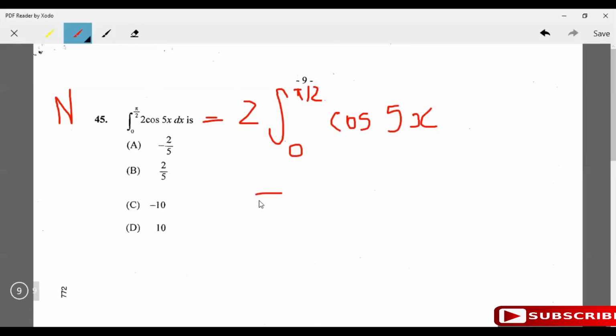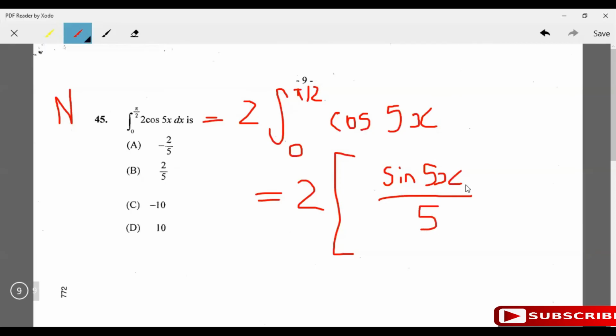So now what we're going to get is 2 times, when you integrate cosine, you get the sine of 5x, divided by 5. So it's 1/5 sine 5x. Now we're going from 0 to pi by 2, so we plug in pi by 2.